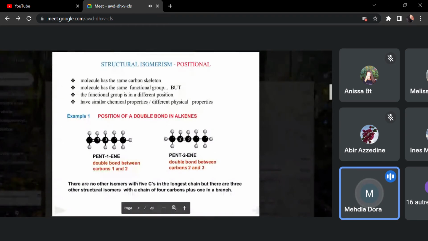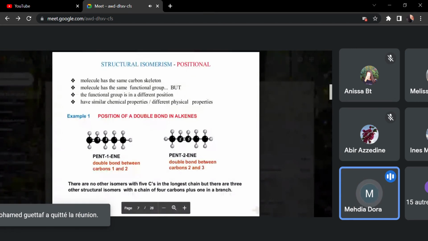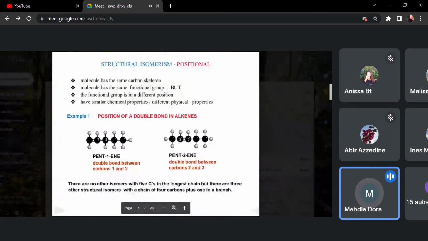As we said here, we have the double bond on the first carbon, and in the second example we have the double bond on the second carbon. So it's the same skeleton, the same molecule if you want, but in isomerism they are not the same because of their physical properties.